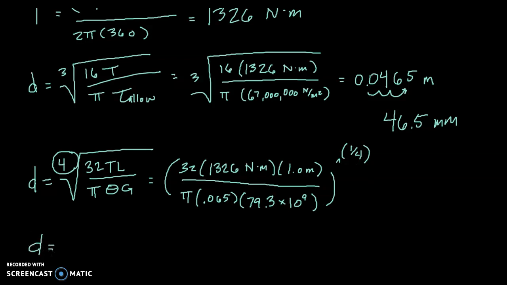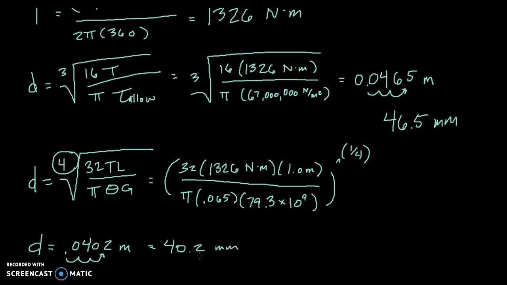Okay, so our required diameter is going to equal 0.0402. Again, that's in meters. Millimeters would be a more appropriate unit to describe the size of a steel rod. So this is going to be 40.2 millimeters.